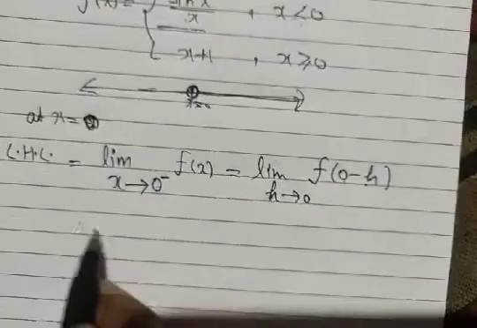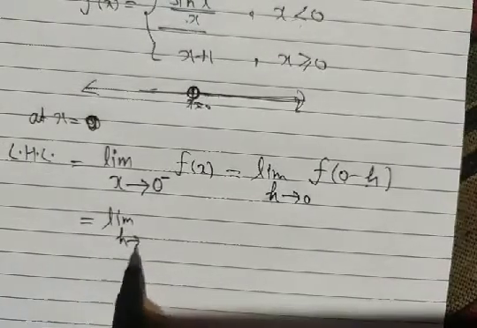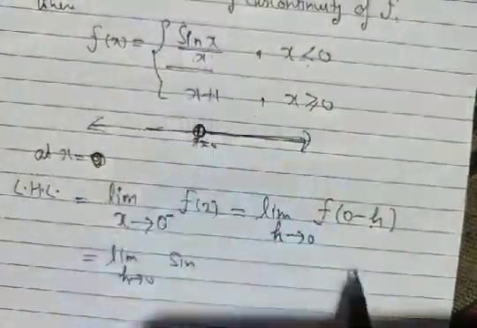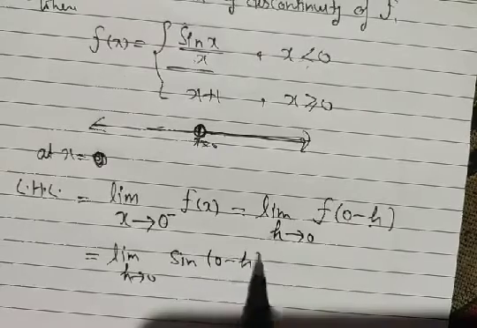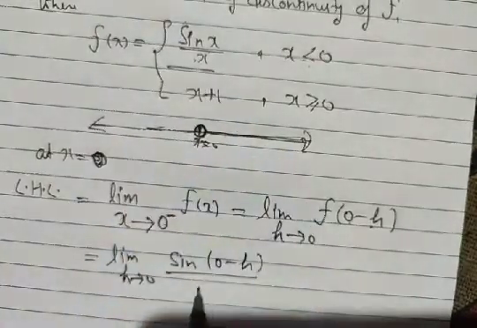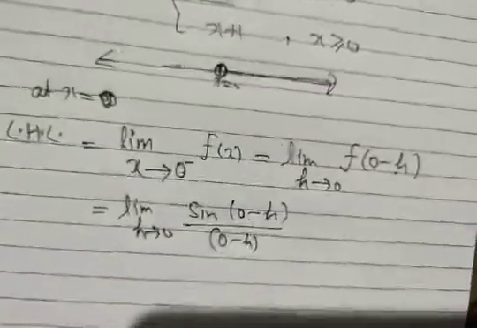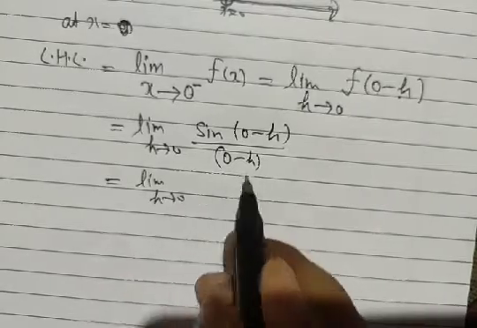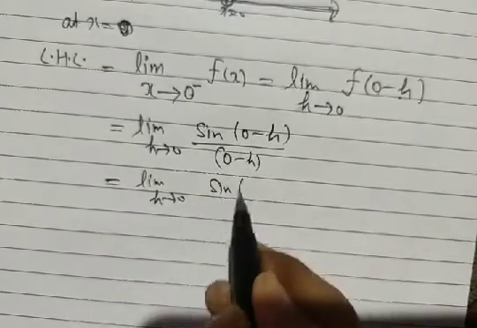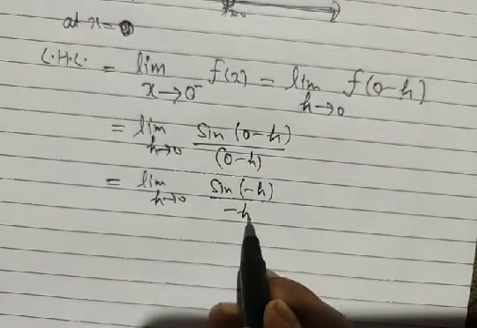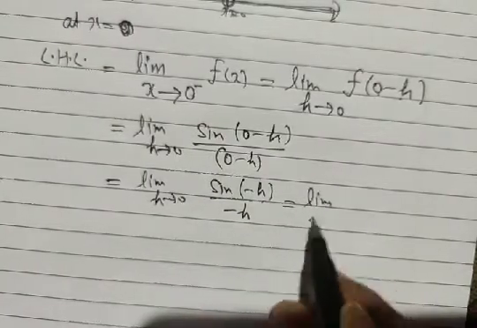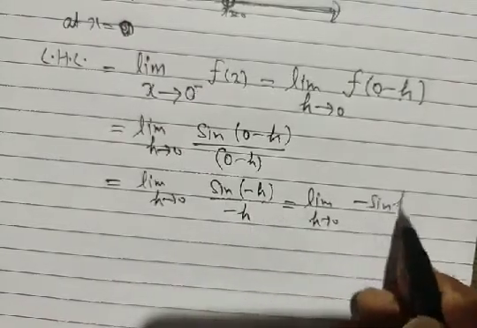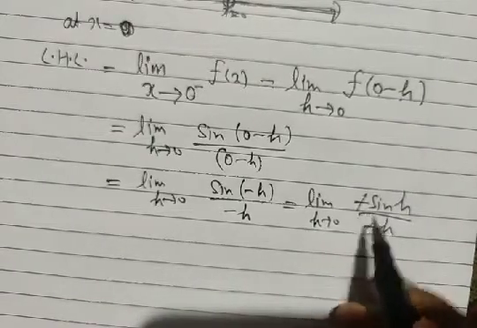Then we take the limit as h tends to 0. We take our function sin, putting 0 minus h in place of x, and in the denominator we again get 0 minus h. Now we find its limit: limit h tends to 0 of sin of minus h by minus h. We know that sin of minus theta is minus sin theta, so we get minus sin h by minus h, and the minus signs cancel.